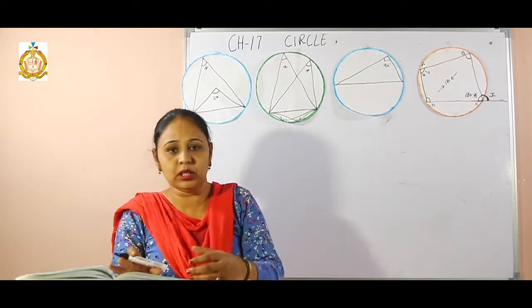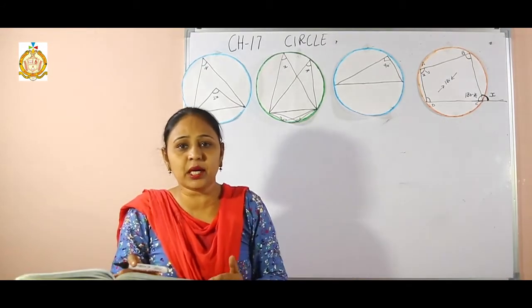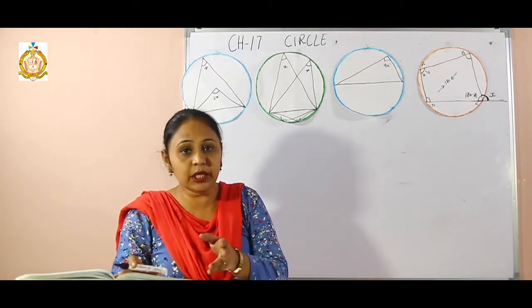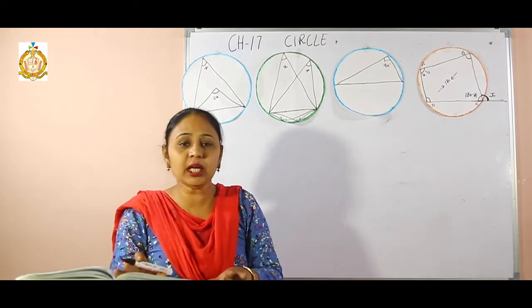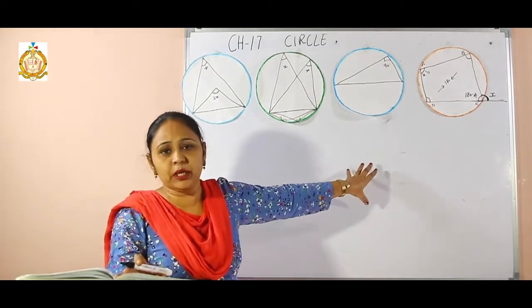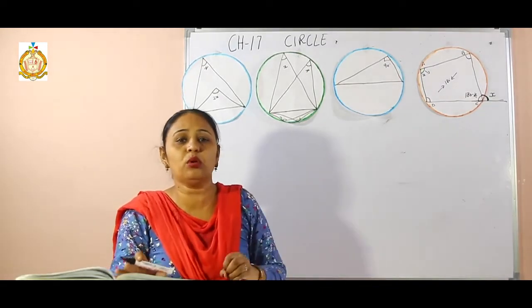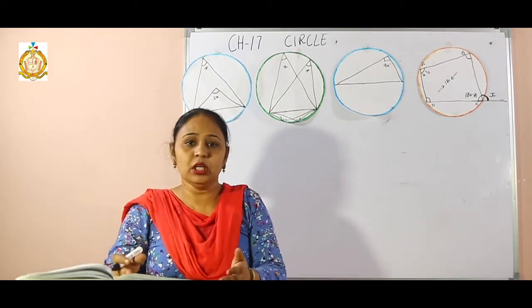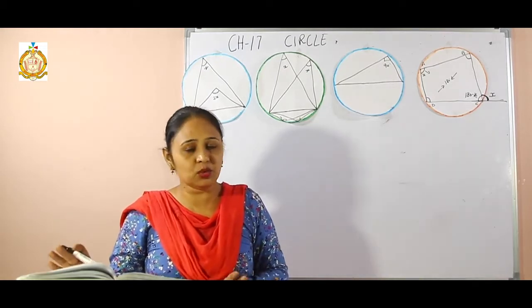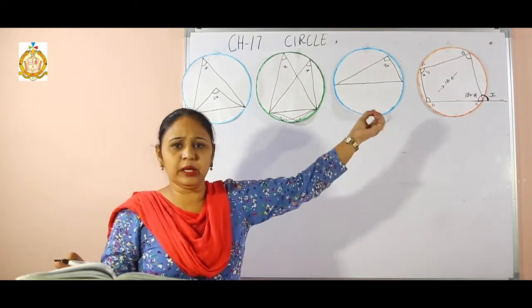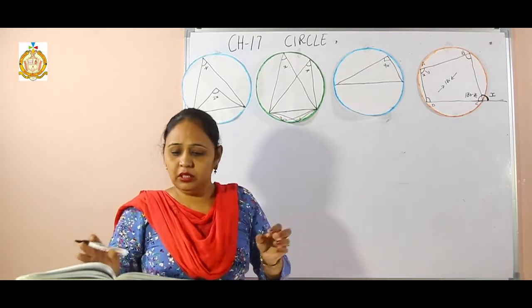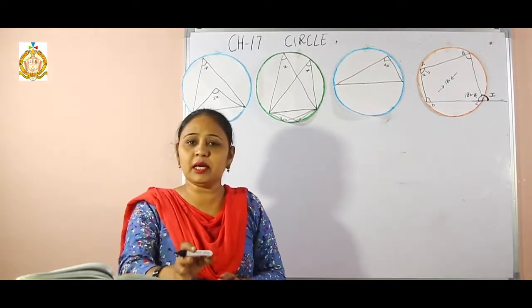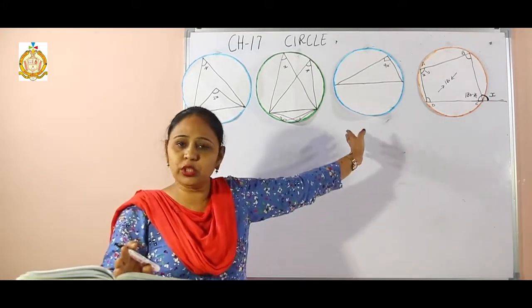Don't count the sums, 61 and subparts are there, they may be 100 plus sums. No. If we are able to learn these properties, that means we are able to solve all the sums. Don't worry about it. It is too long an exercise. No. If I learn this, I am able. I can solve any sum. If out of these 61 there is any sum in the board, I can solve because I know these properties.